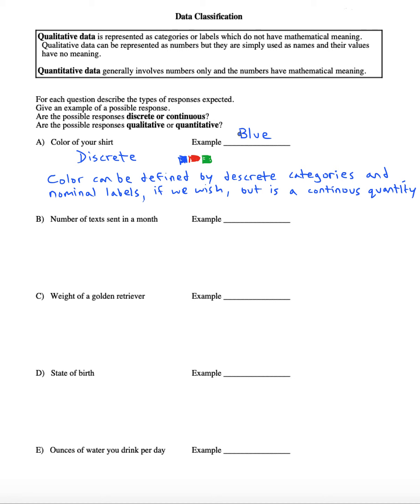And so also we should mention that blue is an example of a qualitative description of color. But if we were to give a wavelength as a number, then that would be quantitative.